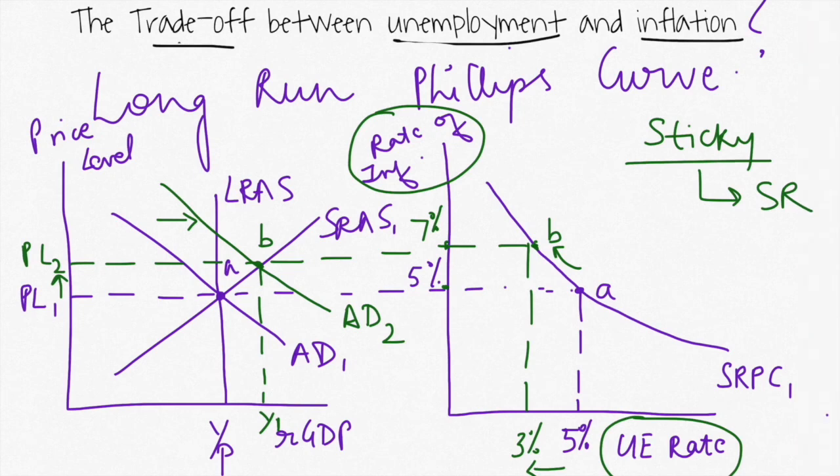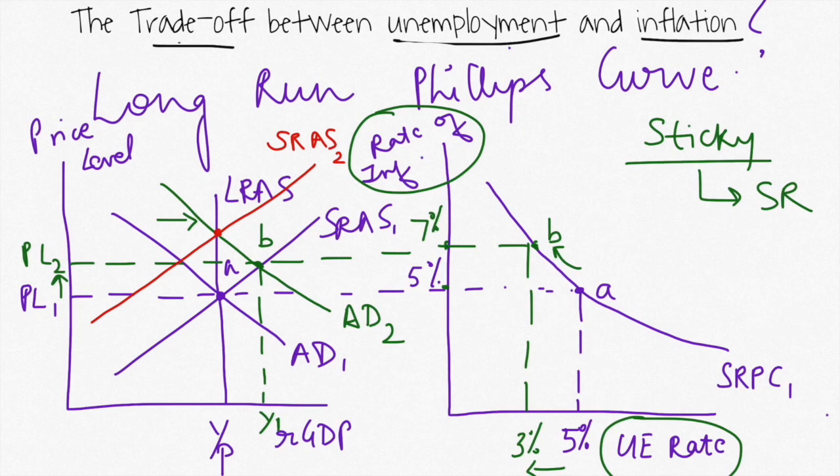So that means there's going to be a leftward shift of SRAS. This will happen once workers start demanding an increase in wages, right? So in the short run, it's fine, but in the long run, the SRAS curve will shift leftwards because wages will rise to meet the increases in the price level.